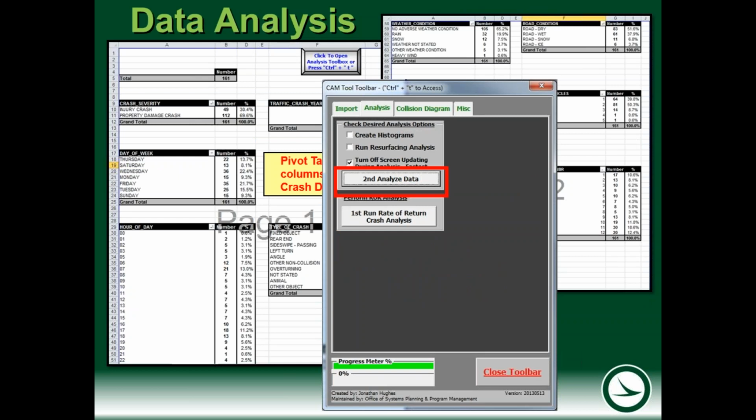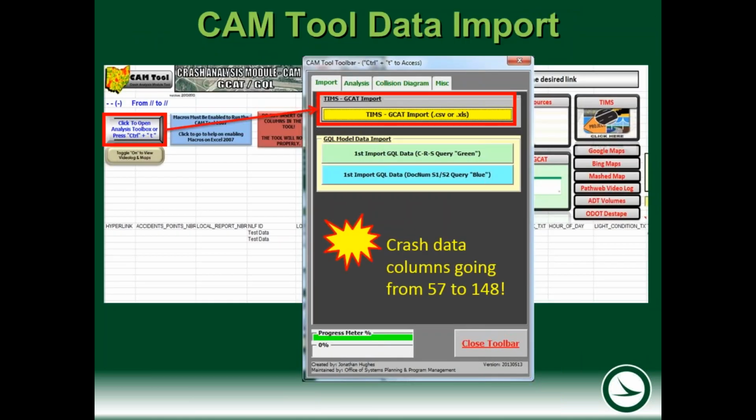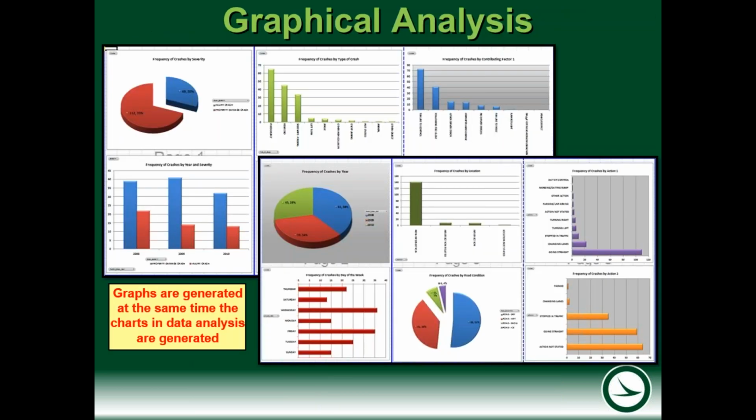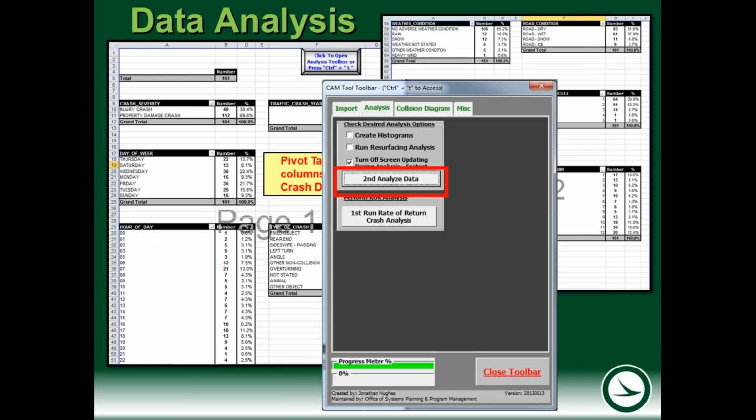If anyone hasn't seen this before, what it does is take the info from your crash data tab and formulate it into these pivot tables and charts so that it makes analysis quicker. The graphs also get generated at the same time that these charts do.